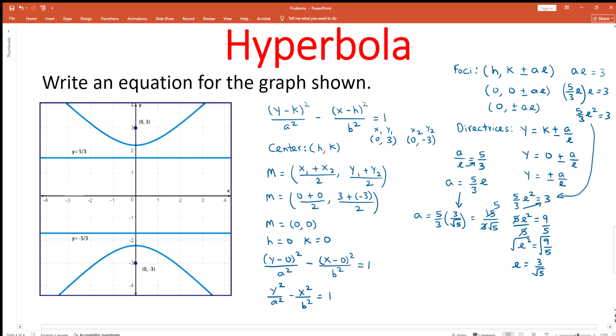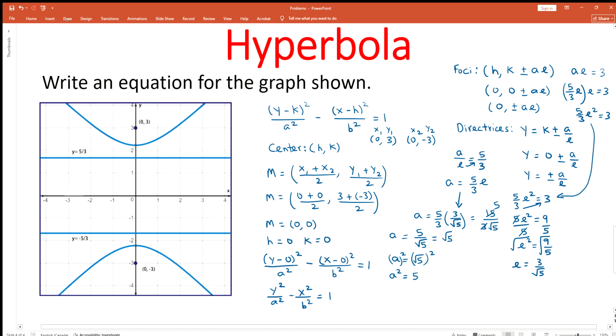So a equals 5 over square root 5, which can be reduced to just square root 5. So a equals square root 5. To find a squared, we should apply square to both sides. So a squared is equal to 5.